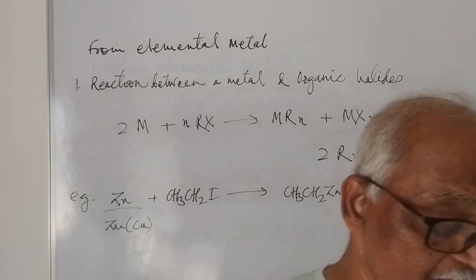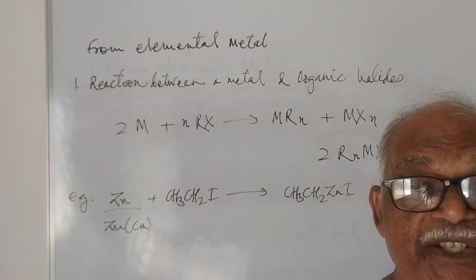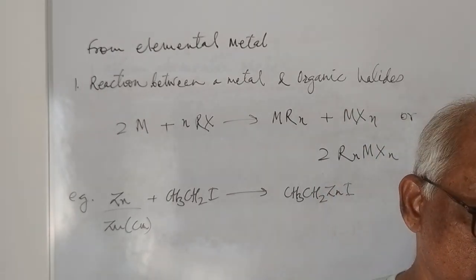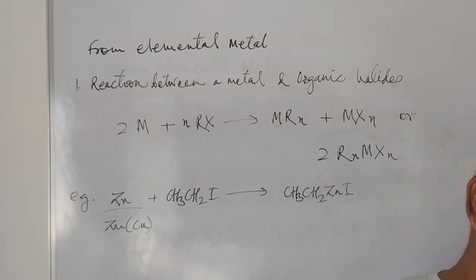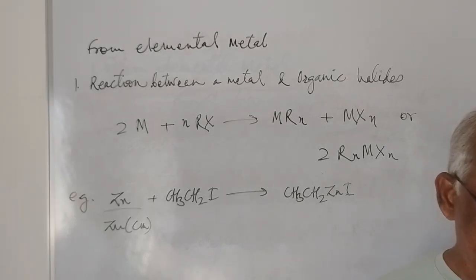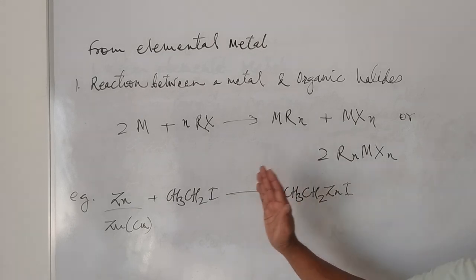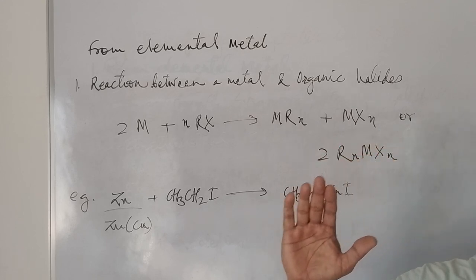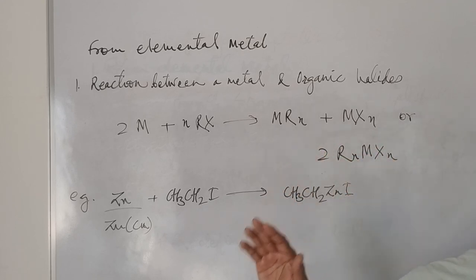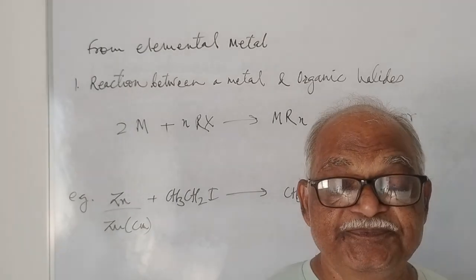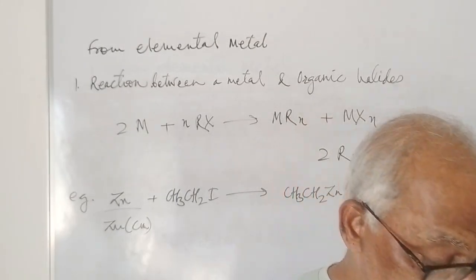Then the mechanism of these reactions and the conditions at which they are carried out depend upon the different elements. With a different element, the conditions and the mechanism of the reaction may vary. It cannot be the same.